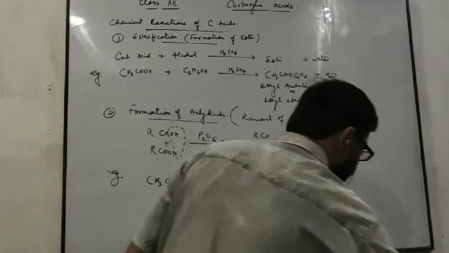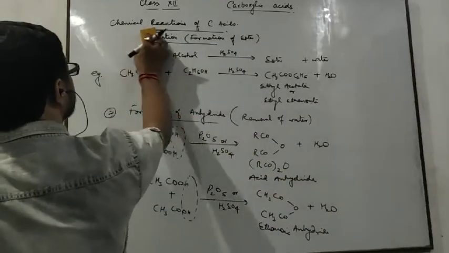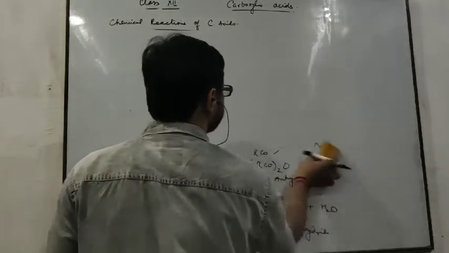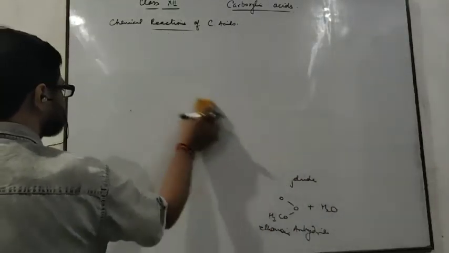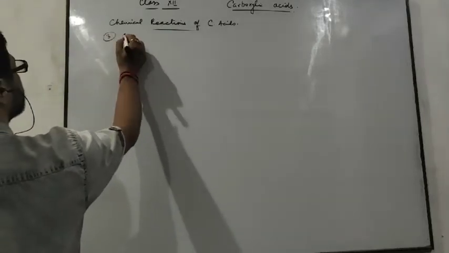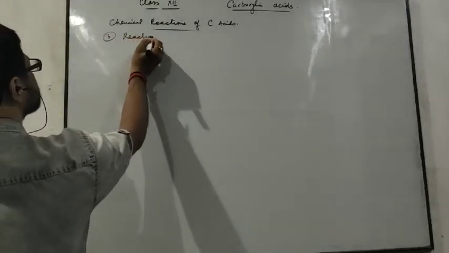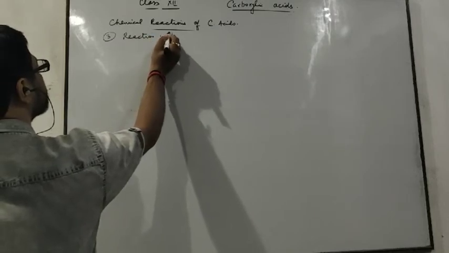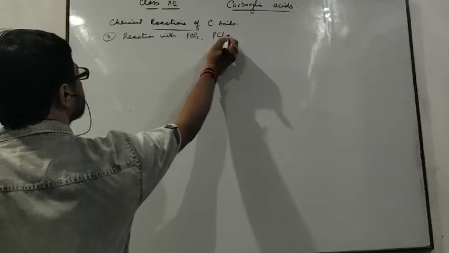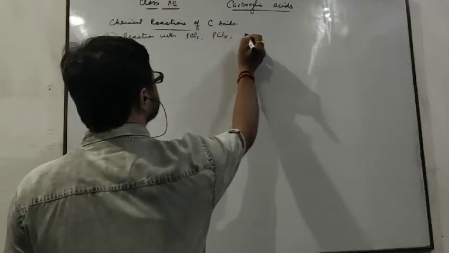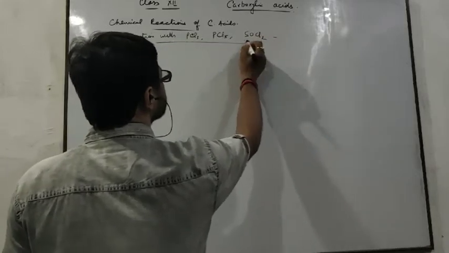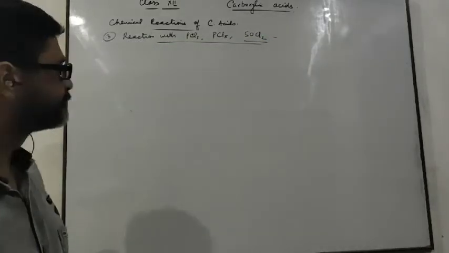Next, the third chemical reaction shown by carboxylic acids is the reaction with some phosphorus halides. Now come to the third reaction shown by carboxylic acids, reaction with PCl3 phosphorus trichloride, PCl5 phosphorus pentachloride, and SOCl2. This one is thionyl chloride.